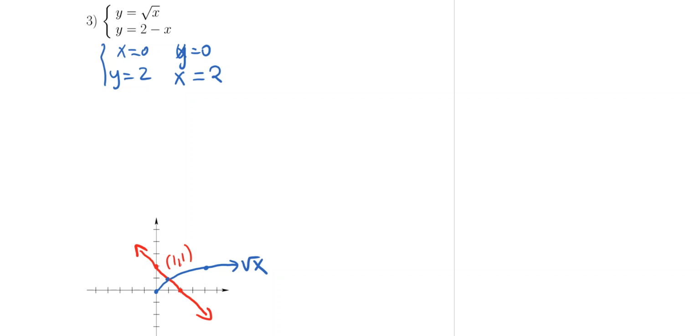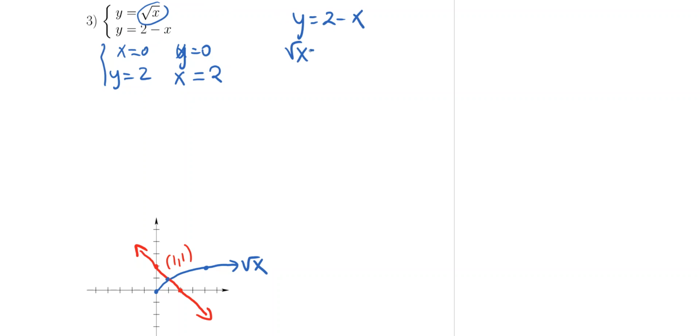Let's verify it algebraically. Algebraically, we're going to substitute y as square root of x. So I'll have y equals 2 minus x, but y is square root of x.